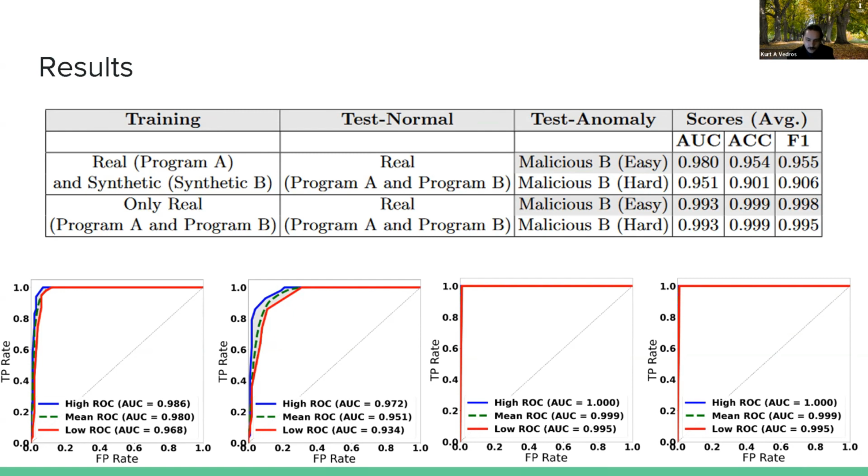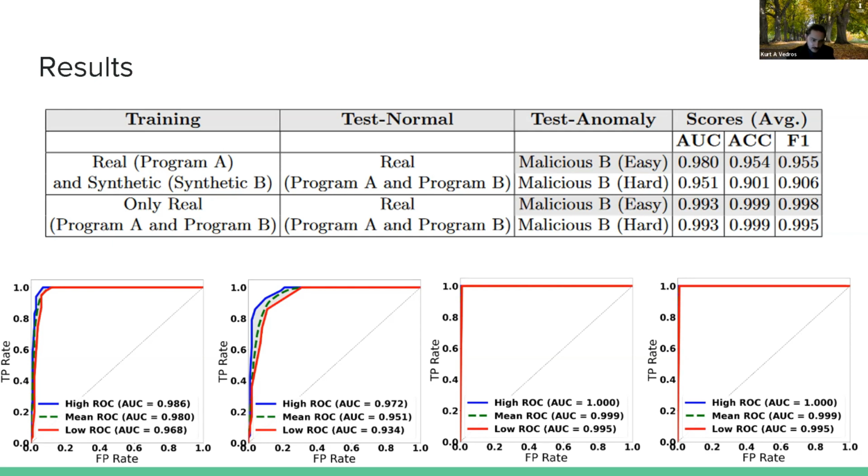The first 2 ROC graphs are when fingerprinting with the real program A observations and the synthetic B signals for fingerprinting, and evaluating using malicious B easy in the first graph and malicious B hard in the second graph.